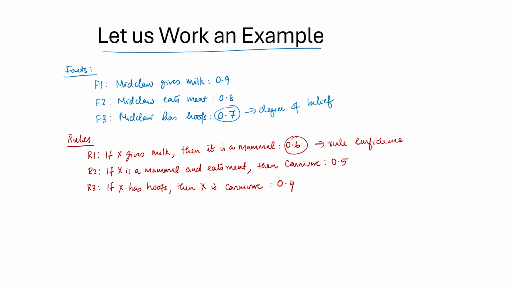So, now let us continue and do the sample calculations. R1 with F1: mid-claw is a mammal. That is fact 4.